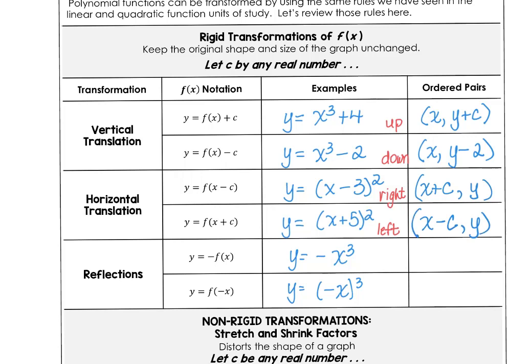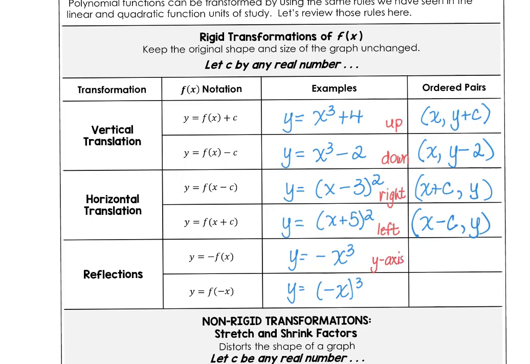When you do the opposite of x, so this is the opposite of x cubed, where this is negative 1 times x cubed, or negative x quantity cubed, those mean two different things. The opposite of x reflects the graph across the y-axis.